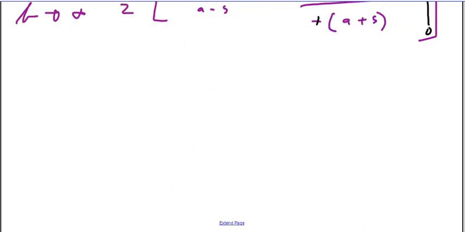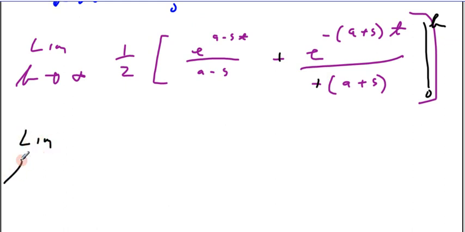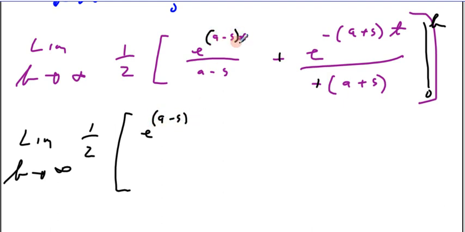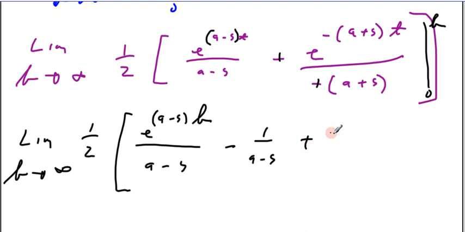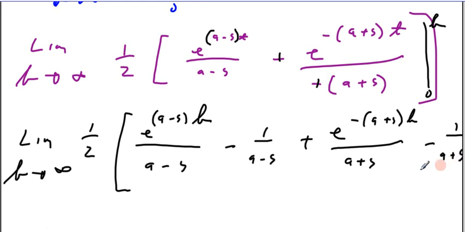So limit as b goes to infinity, 1/2, e to the (a minus s)b divided by a minus s, minus, I put a 0 in there, I get 1 over a minus s, and then I get a plus sign, e to the (minus a minus s)b over minus a plus s, and then I get a minus 1 over minus a plus s. And I put brackets that you can't see around those things because I ran out of room.